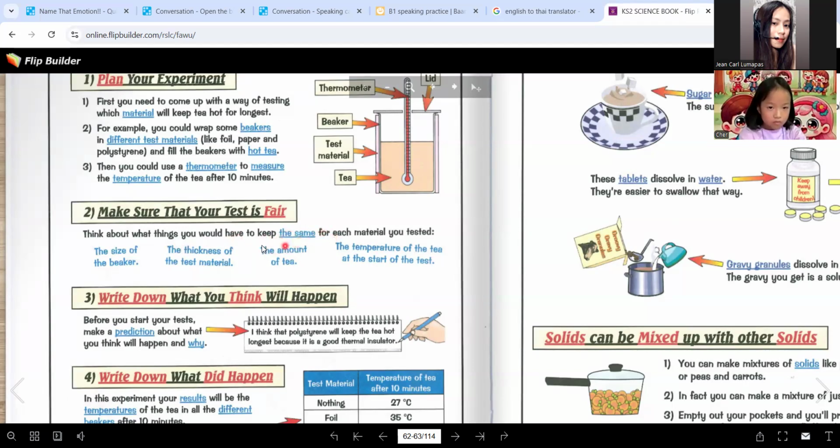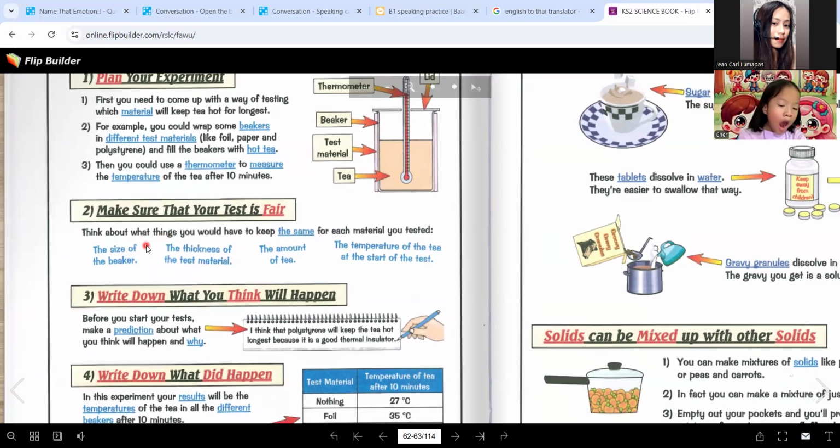You have to keep all the materials the same that you tested. For example, number one, the size of the beaker. If you use the big beaker using foil, you need to use the big beaker too in the paper.